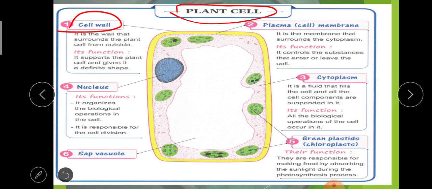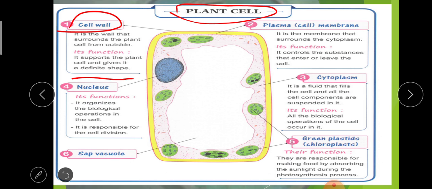It's like a wall which gives the plant the definite shape or supports the plant. So the function or the job of a cell wall is to support the cell and give it definite shape, and it surrounds the plant cell from outside.